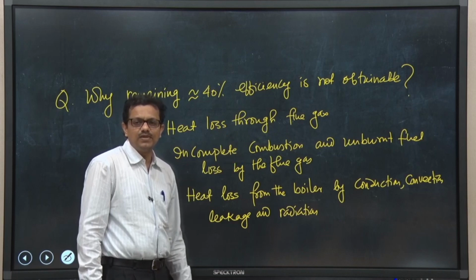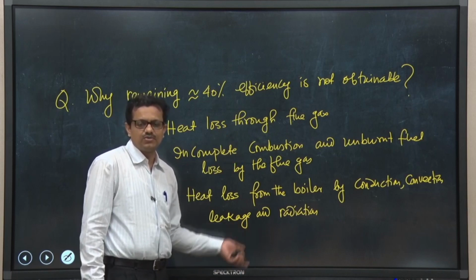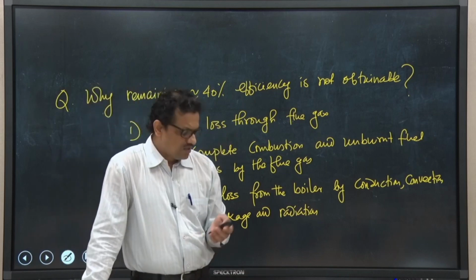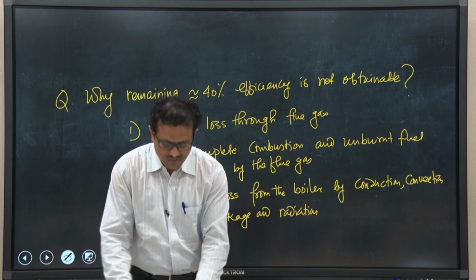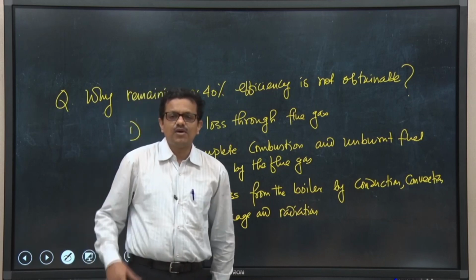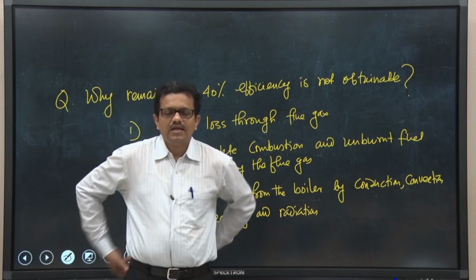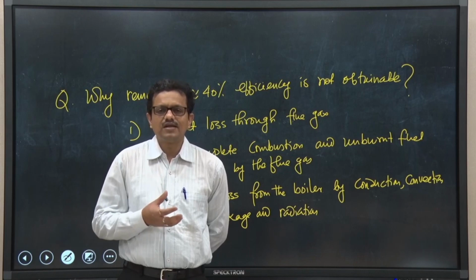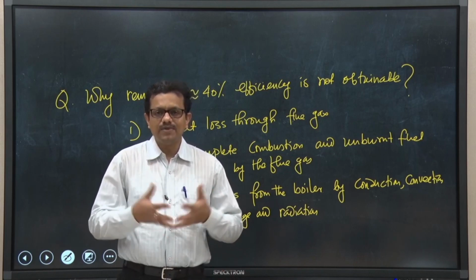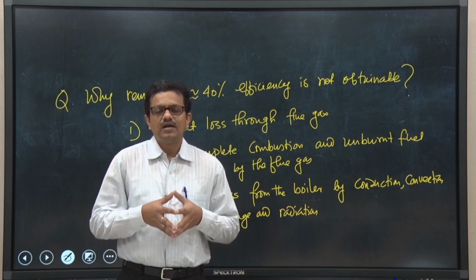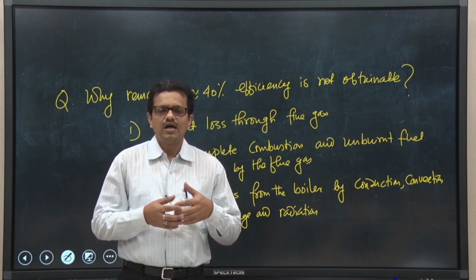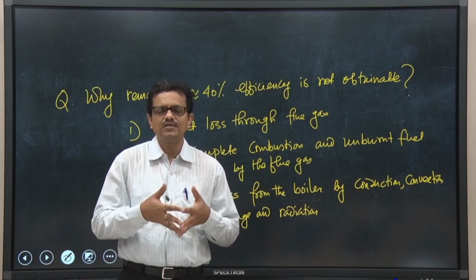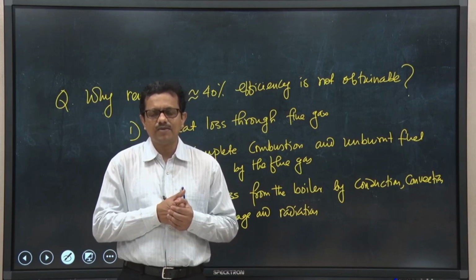That we have seen through the numerical problem which we have solved in today's class. To summarize today's class, we have discussed the classification of boilers, then the different flow cycles inside the boiler, then boiler attachments, the mandatory components without which the boiler cannot be certified, but which do not directly affect boiler performance.